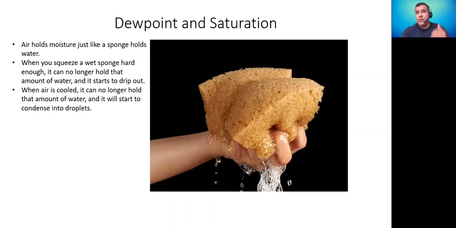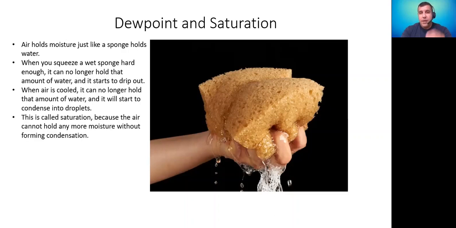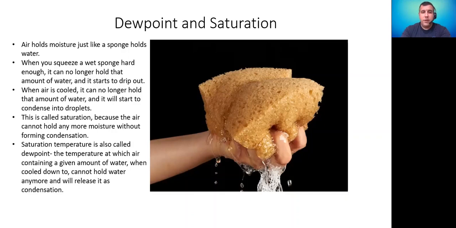And that's exactly what happens when we cool air. We reduce the amount of room that it can hold that moisture in, and if we cool it long enough, that water will condense into droplets, just like what we see going on here in the picture of the sponge. And that point in which we squeeze that sponge, or where we cool the air and we start getting water droplets, is called its saturation point, because it cannot hold any more moisture without forming condensation.